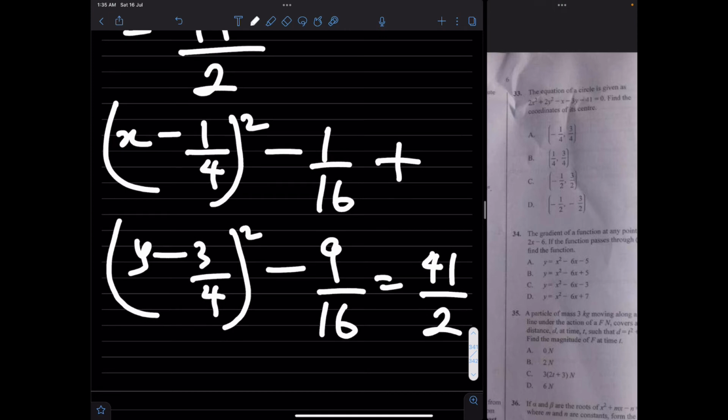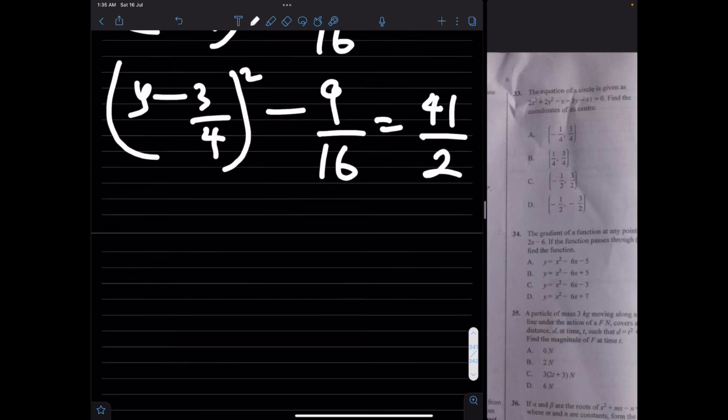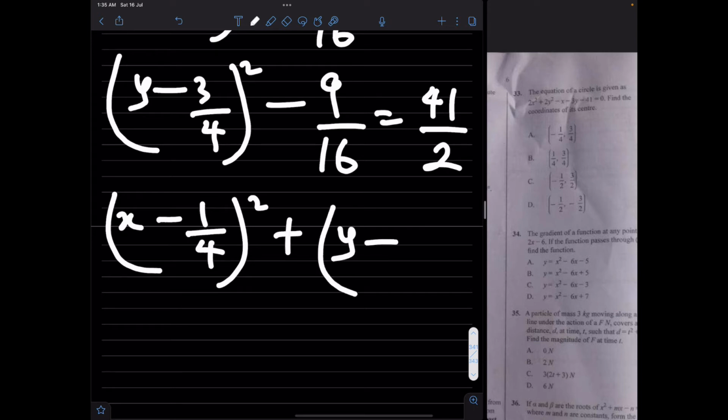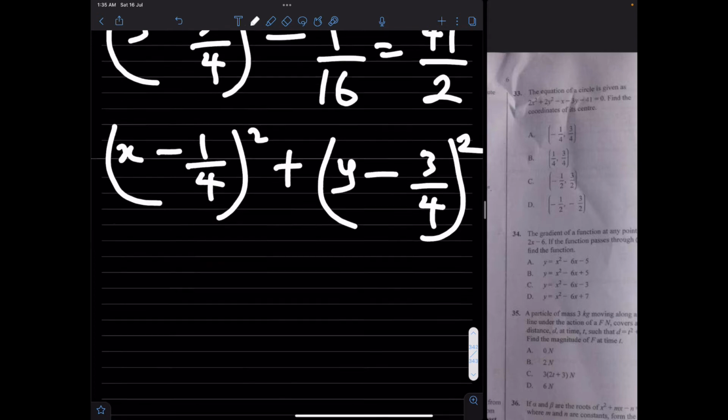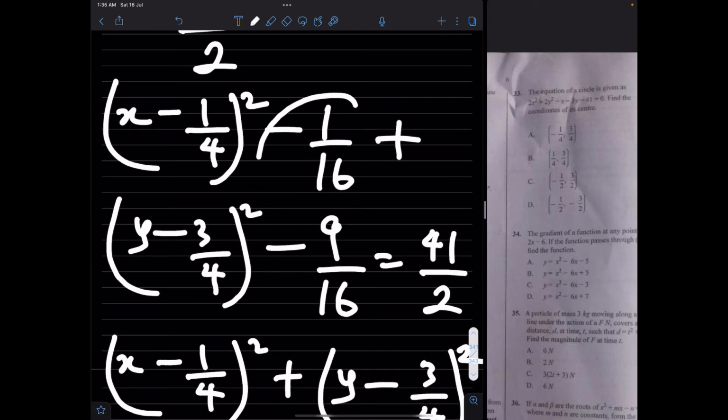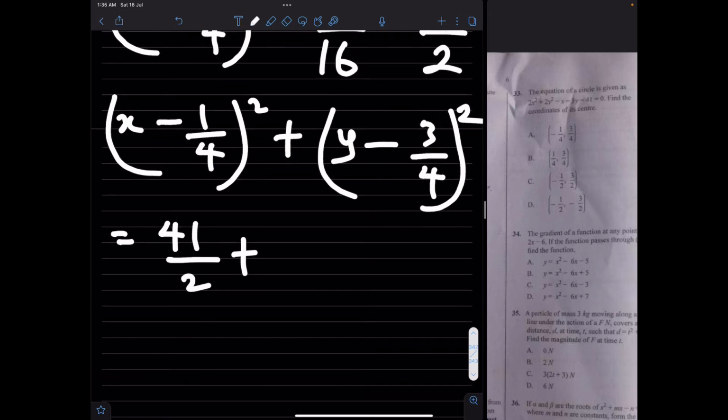I'm bringing these two fractions to the right hand side, minus 1 over 16 and minus 9 over 16. So I'm going to have x minus 1 over 4 all squared plus y minus 3 over 4 all squared equals 41 over 2 plus, when minus 1 over 16 gets to the right hand side, it becomes plus 1 over 16.